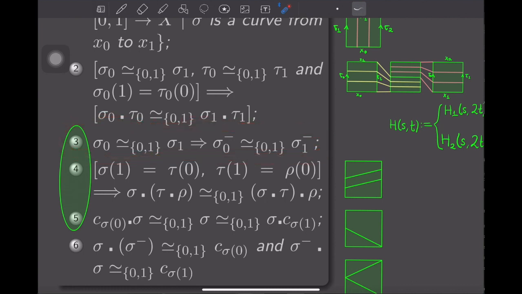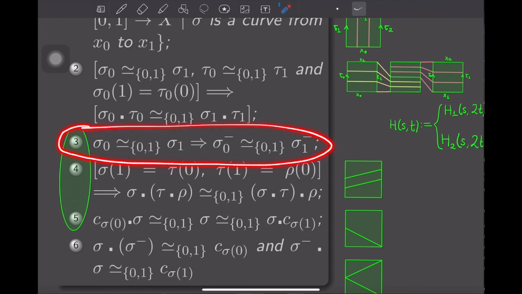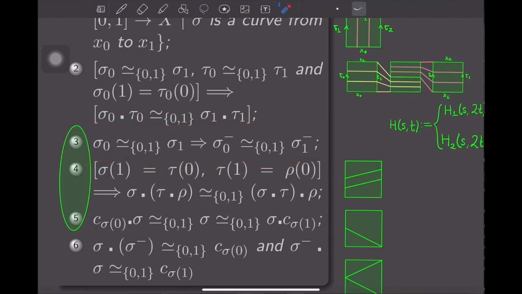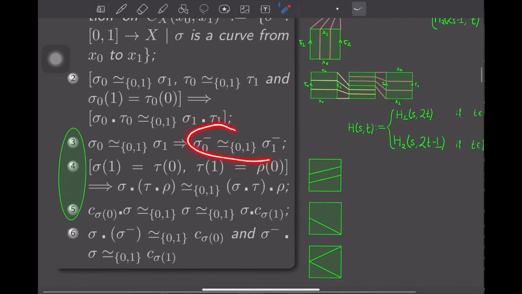So what this says is if sigma naught is homotopic relative to endpoints to sigma 1, let's say through some homotopy H, then traversing sigma naught in the opposite direction is homotopic relative to endpoints to traversing sigma 1 in the opposite direction, through some homotopy, and the exercise is that you give me the explicit formula of that homotopy.